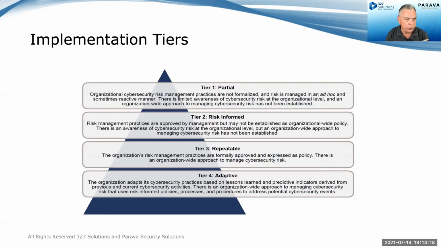At tier 2, you are risk informed. You have risk management practices approved by management, but may not have been established as organizational-wide policy. There is at least an awareness of cybersecurity risk at the organization level, but an organization-wide approach to managing cybersecurity risk has not been established.